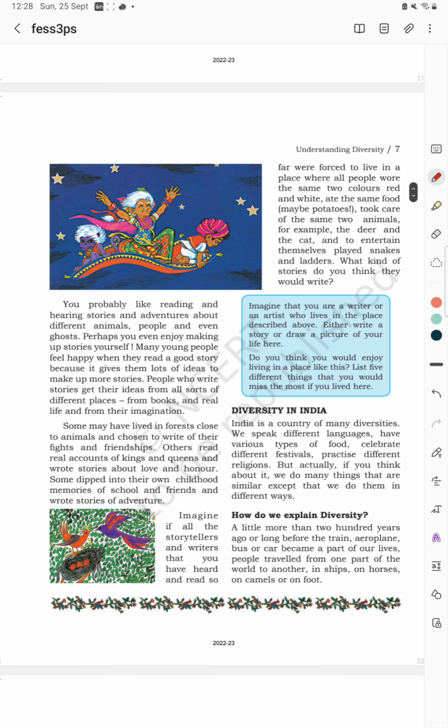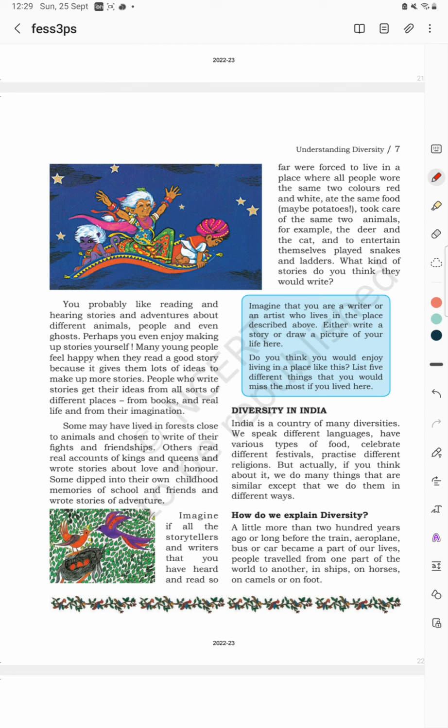You probably like reading and hearing stories and adventures about different animals, people, and even ghosts. Perhaps you even enjoy making up stories yourself. Many young people feel happy when they read a good story because it gives them a lot of ideas to make up more stories.